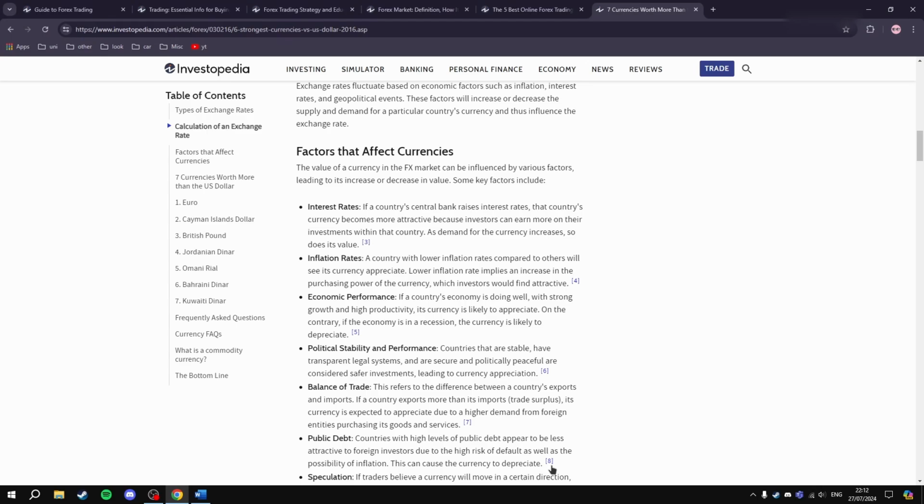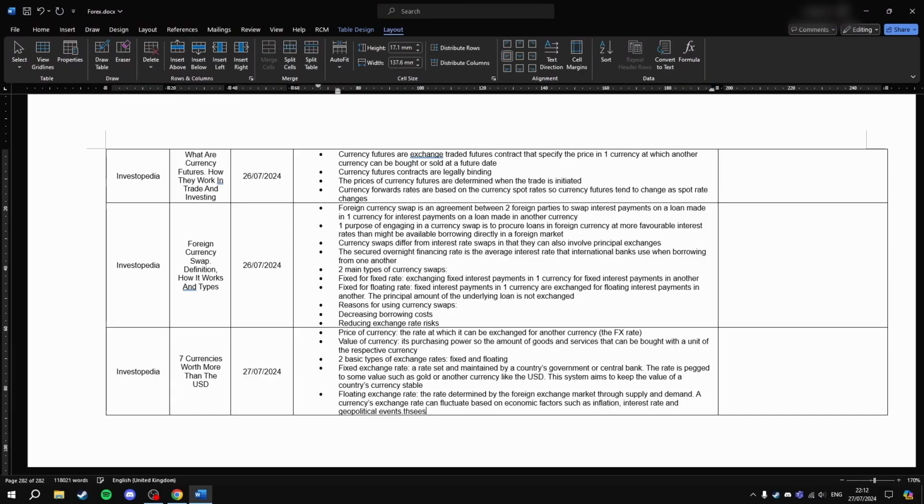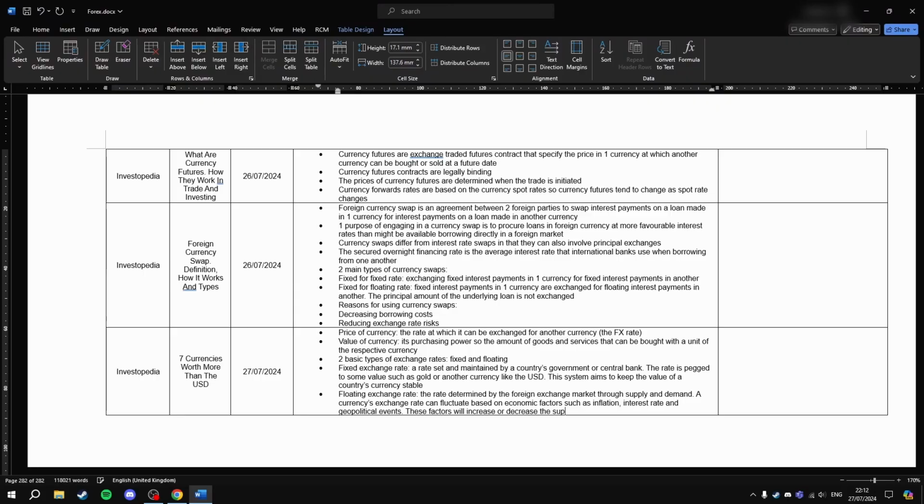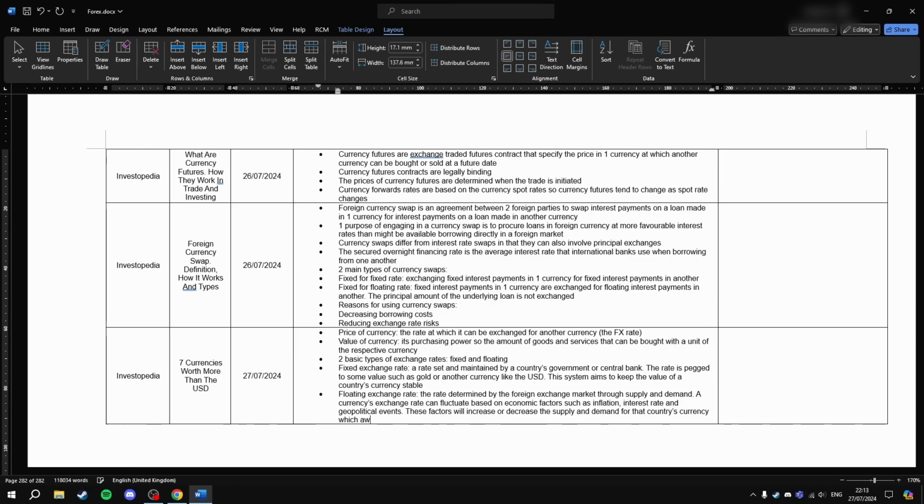These factors will increase or decrease the supply and demand for a particular country's currency and thus influence the exchange rate. So these factors will increase or decrease the supply and demand for that country's currency, which will affect its exchange rate.